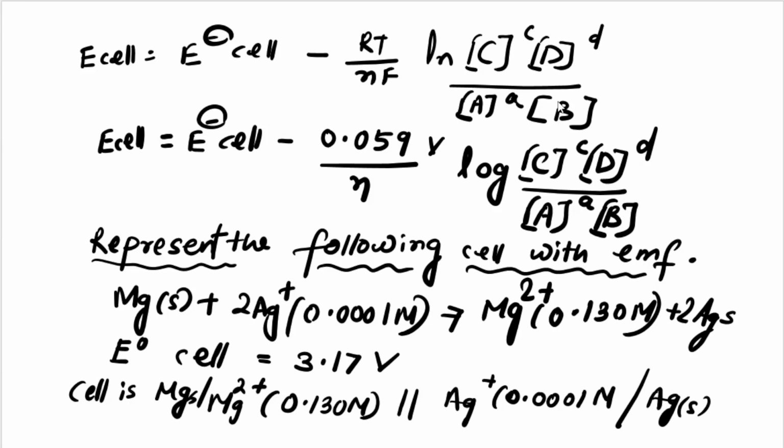E cell equals E0 cell minus RT by nF, according to the Nernst equation you are proceeding, but ln Q. Instead of Q, you can write the molar concentration of C to the power c, D to the power d, divided by the molar concentration of A to the power a, B to the power b.